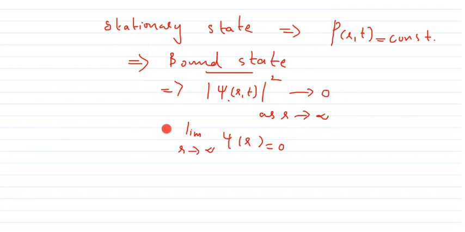In a bound state, the wave function will be confined to a particular spatial region. That means if the space term is increased, if that tends to infinity, our wave function vanishes. Wave function vanishes at infinity. So that's all about the derivation of the time independent Schrodinger equation.